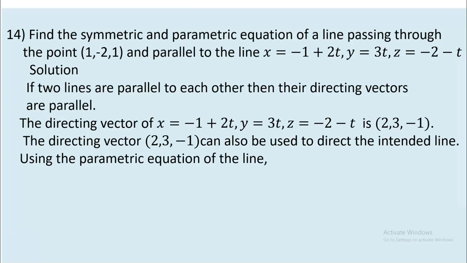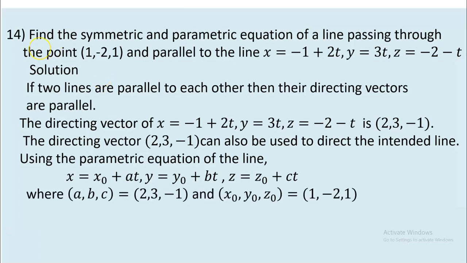So using the parametric equation of the line, as I said earlier, we can determine the equation of the line parallel to the given line. We know that x equals x naught plus at, y equals y naught plus bt, z equals z naught plus ct is the general parametric equation, where a, b, c are components of the directing vector, and x naught, y naught, z naught are components of the point lying on the line.